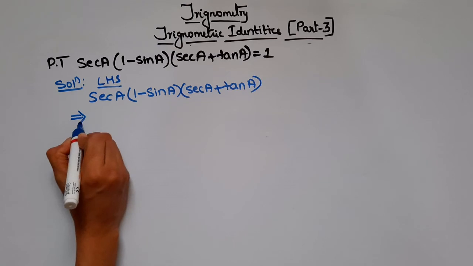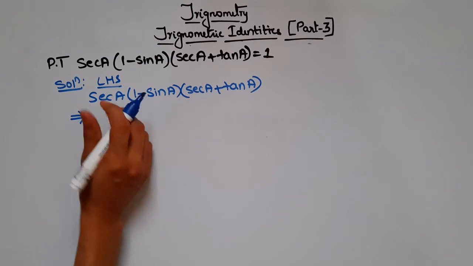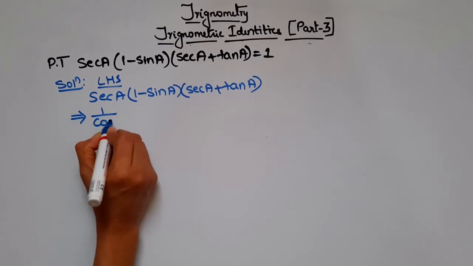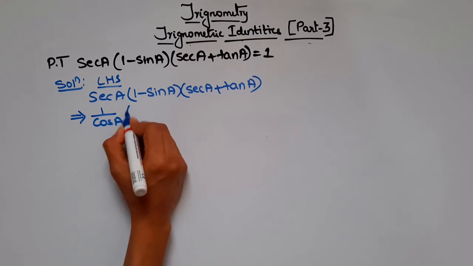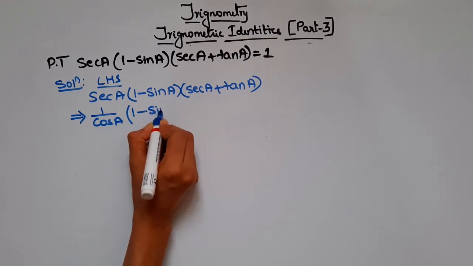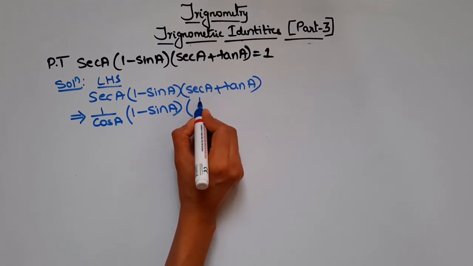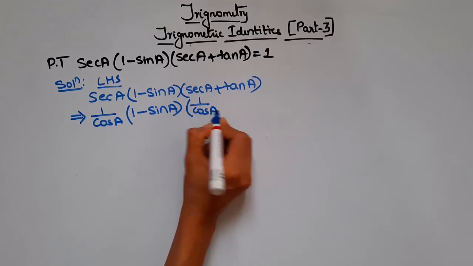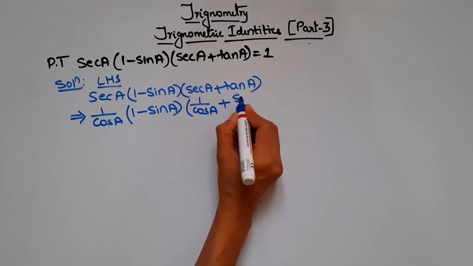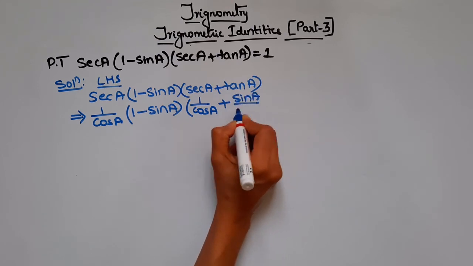So this implies secant A can be written as 1 by cos A, right, into 1 minus sin A. So you can write secant A as 1 by cos A plus tan A can be written as sin A by cos A.